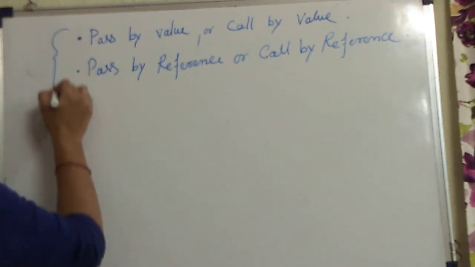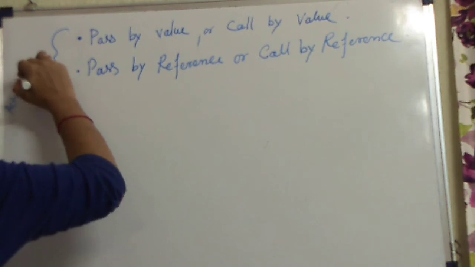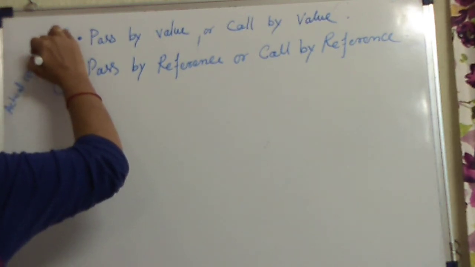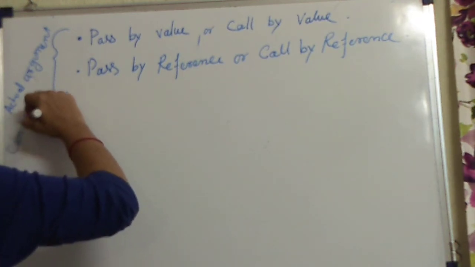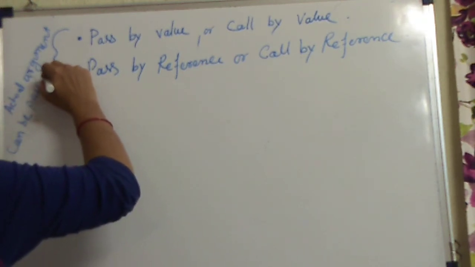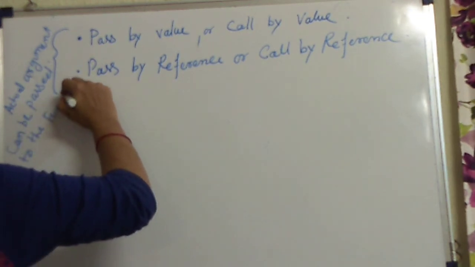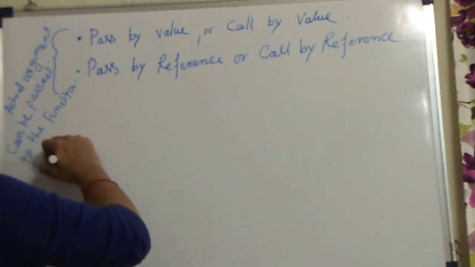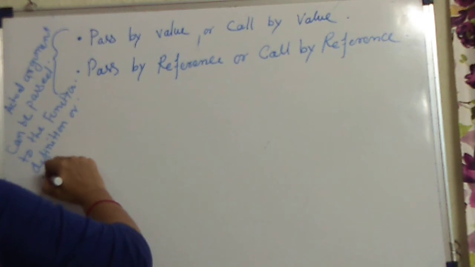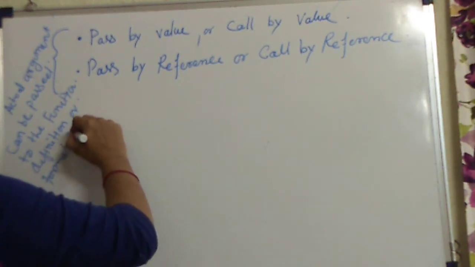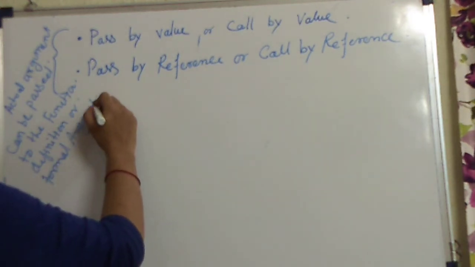These two ways, an actual argument can be passed to the function definition or formal argument or formal parameter.